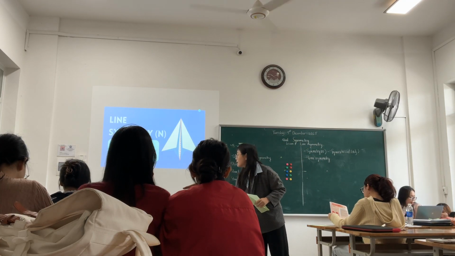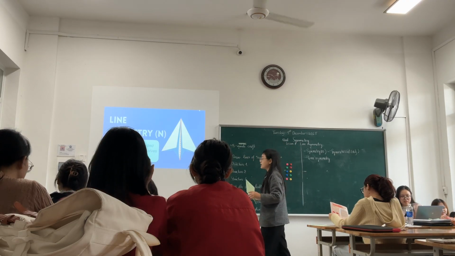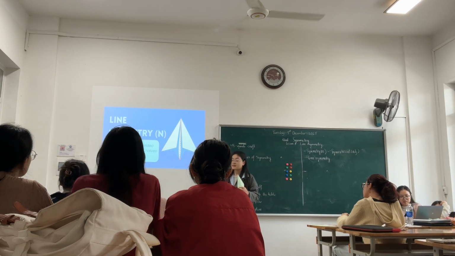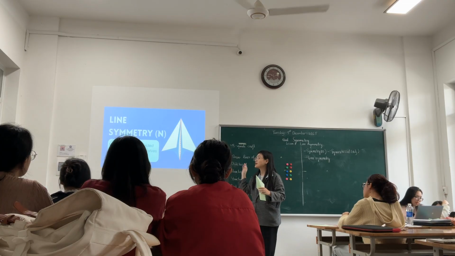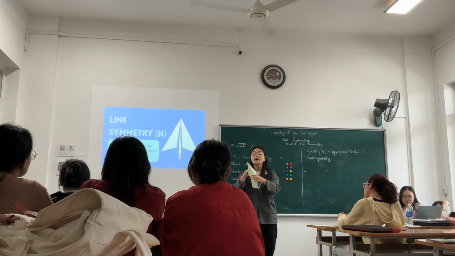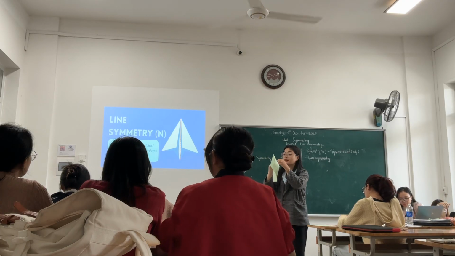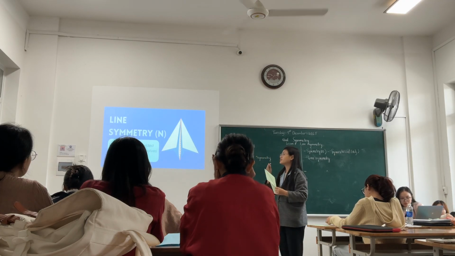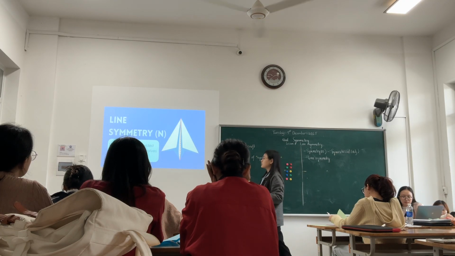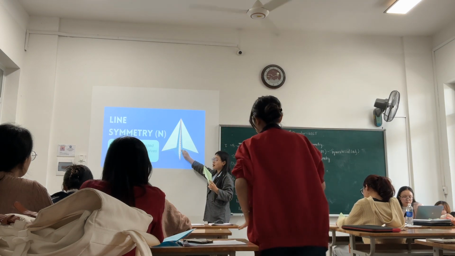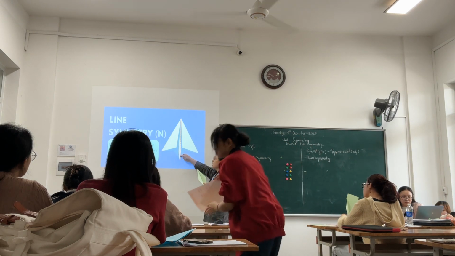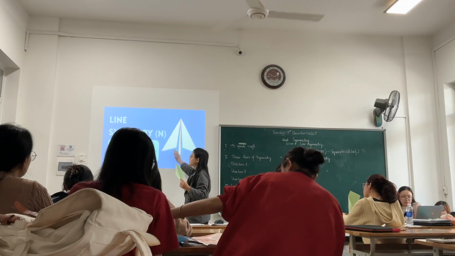Yes, exactly. So we have line symmetry is when a shape is divided into two exactly equal halves across a line. Remember that they have to be divided across the line. Yeah, so how is this line called?